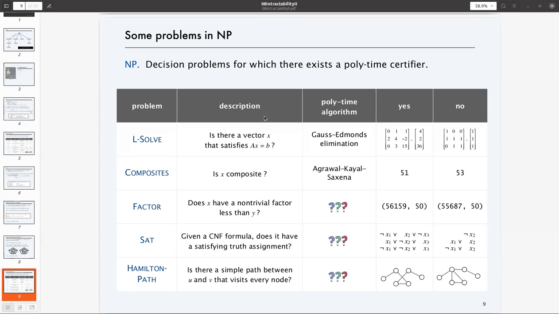In this case, you cannot say that the thing is in NP. So the idea is here. This is basically maintaining the hierarchy.